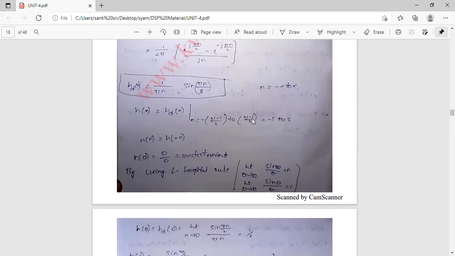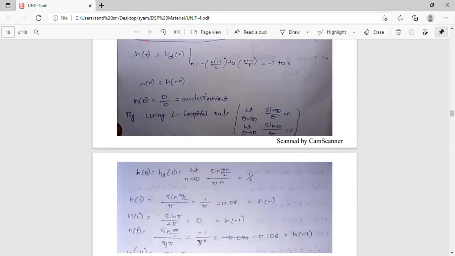So this is h d of 0, sin 0 by 0, limit n tends to 0. So it's 1 by 2.